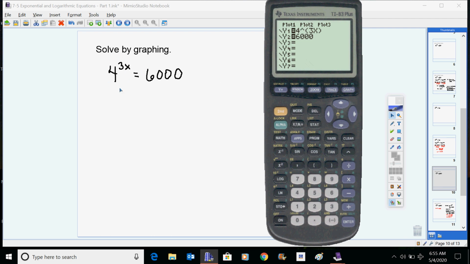If y equals this, and then another y equals this, and you find the intersection of these two, it's going to give you the answer. Now, when I try zoom 6, it's not showing me enough of the graph. It's not showing where those two things intersect.